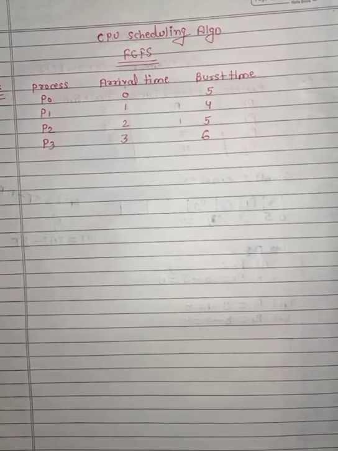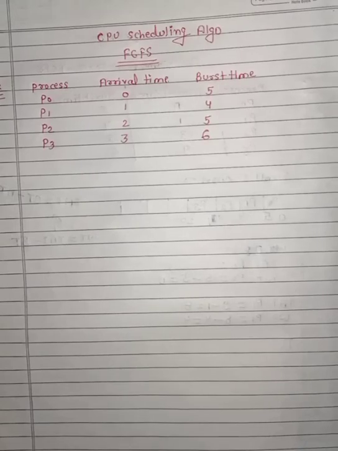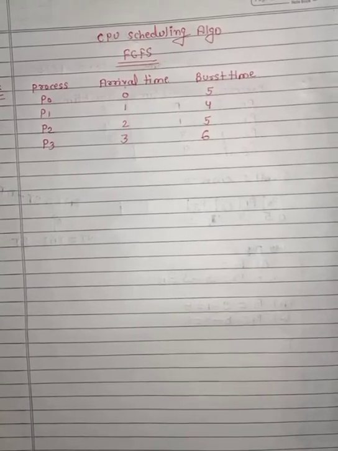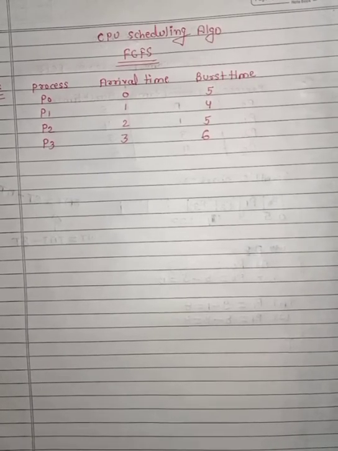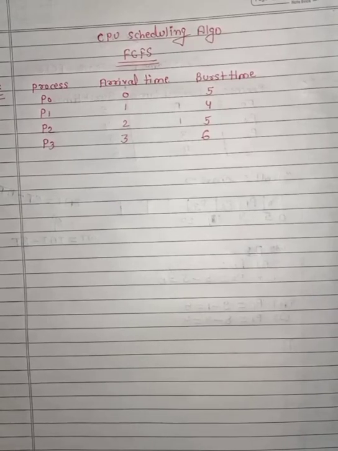So let's see what a CPU scheduling algorithm is first. In brief, the CPU works on concurrent processes, and to utilize the CPU and make all the concurrent processes work at the same time, and to make the CPU more efficient, the CPU uses different kinds of scheduling algorithms.